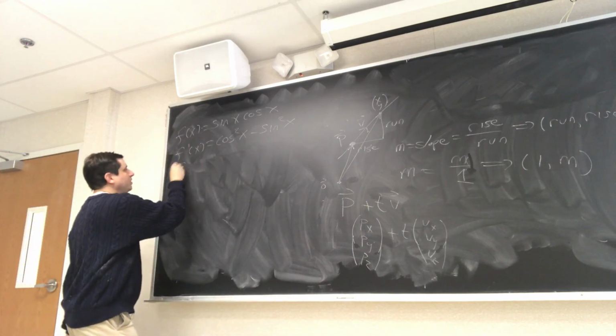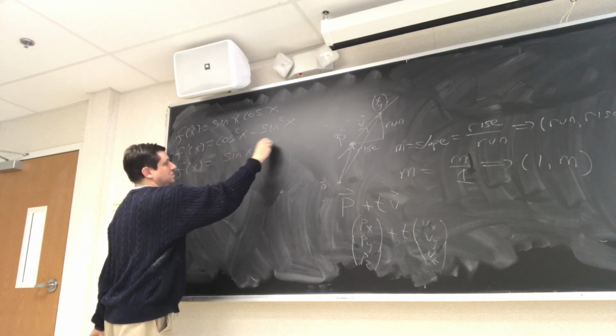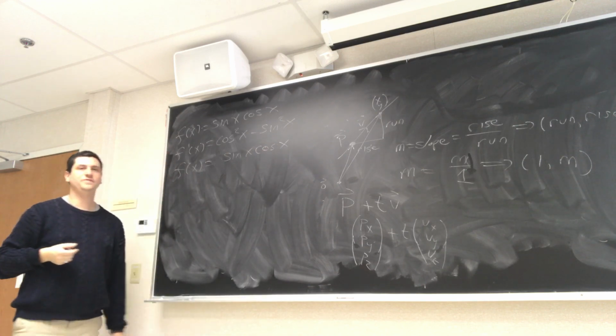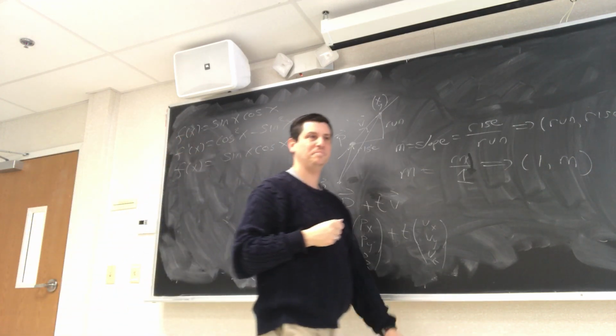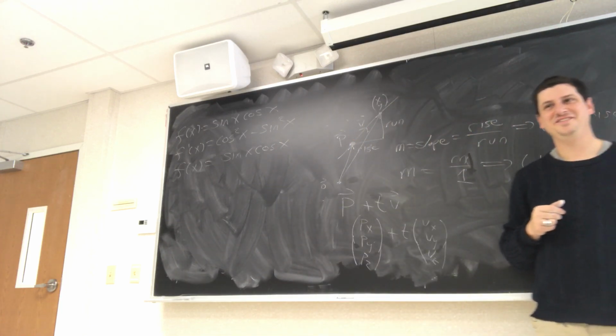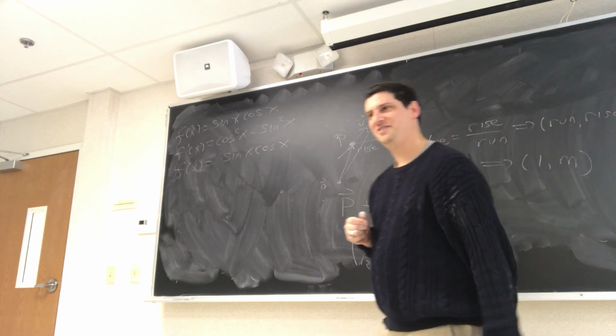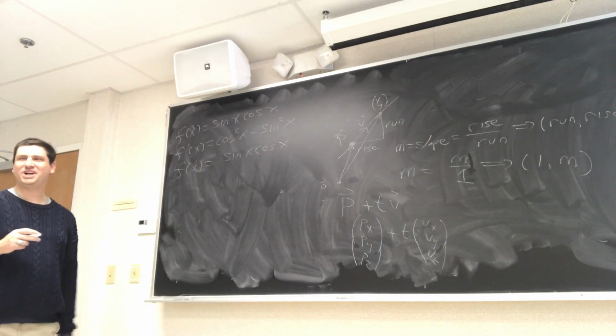There's another way, however, to take the derivative. Does anybody see another way of getting the derivative of sine x cosine x? Anybody remember their trig? What trig identity do you want to use?